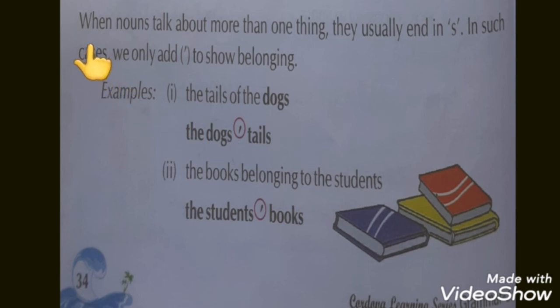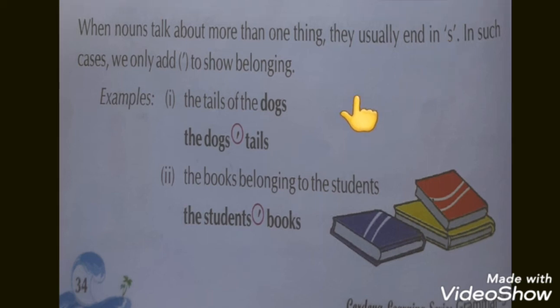So students, when a noun talks about more than one thing, it usually ends in s. That means it ends with s.